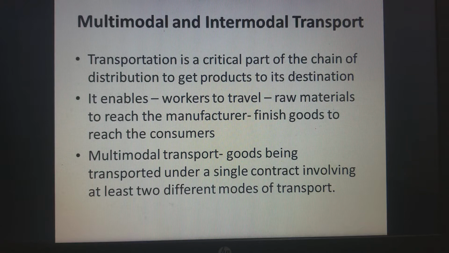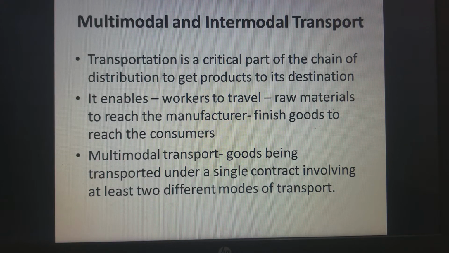Now, what is multimodal transport? Well, this is where goods are transported under a single contract involving at least two different modes of transport. So multimodal transport is where the goods are transported using two or more modes of transport.